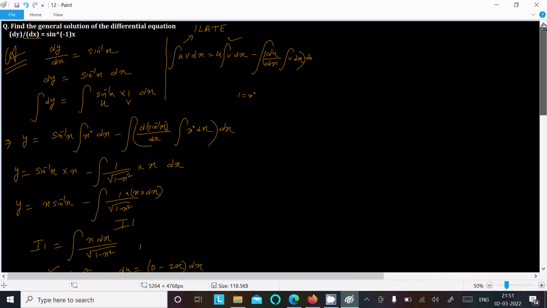One more time, I'm going to repeat. Write the given, then you can write these terms. Assume u and v, then use the Euler rule, and then you can get these terms.